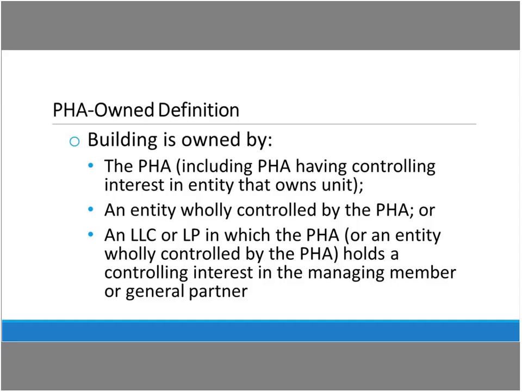So that could be a limited partnership, an LP, or an LLC, a limited liability company. And again, we talked about this in prior sessions, the housing authority need not be the sole member. It only needs to have some stake in the partnership or the LLC.